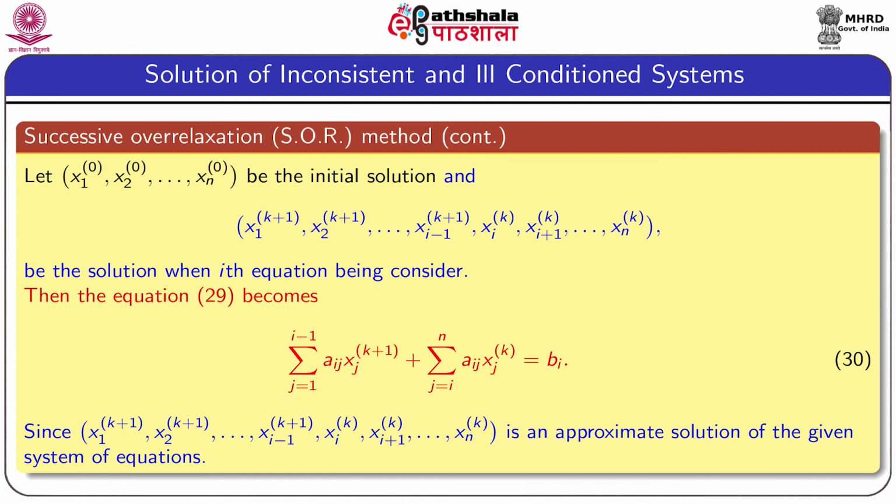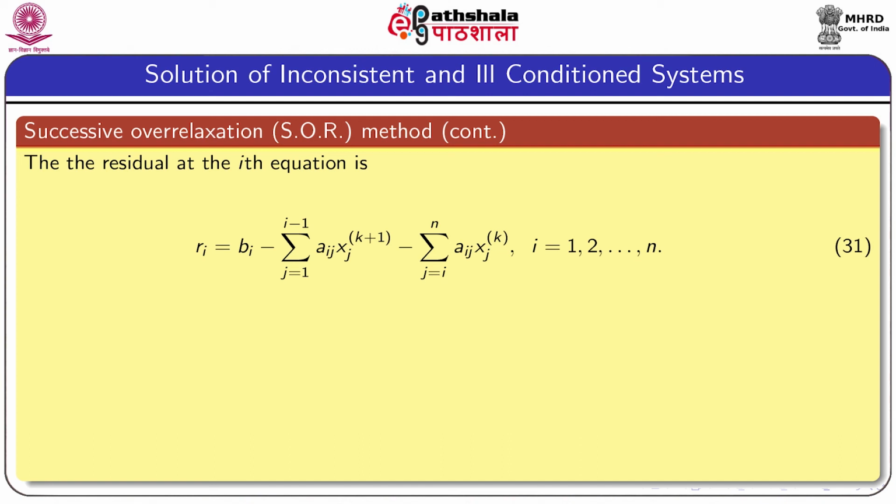Since x1^(k+1), x2^(k+1) up to x(i-1)^(k+1), xi^k, x(i+1)^k up to xn^k is an approximate solution of the given system of equations, therefore equation 30 becomes this form.